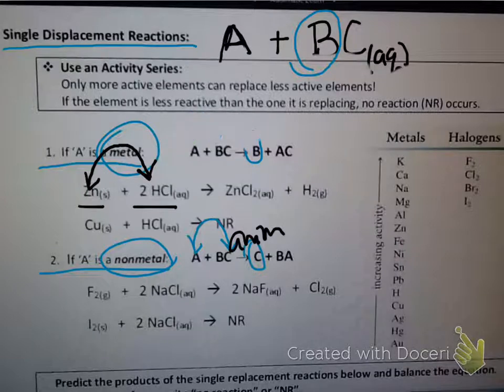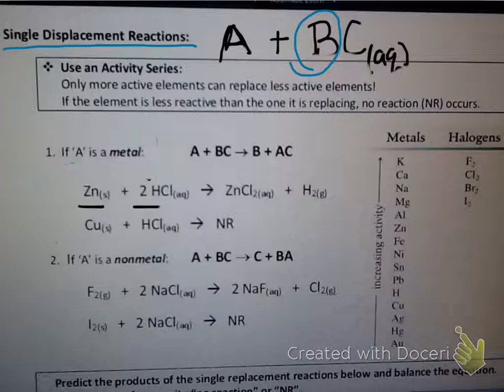All right, now, what else? Do these reactions always occur? The answer is going to be no. If you take any metal and put it in HCl, sometimes the metal will react with HCl and you'll get a displacement reaction, and sometimes the metal will not. How do you know if it will occur or not?